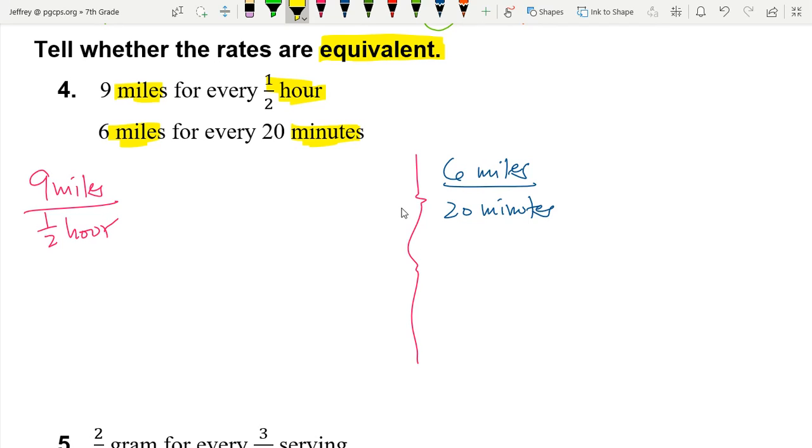So it depends on how you approach it. So for this example, let's change this hour to minutes to make it easier. So 1/2 hour is the same thing as saying what? 30 minutes.